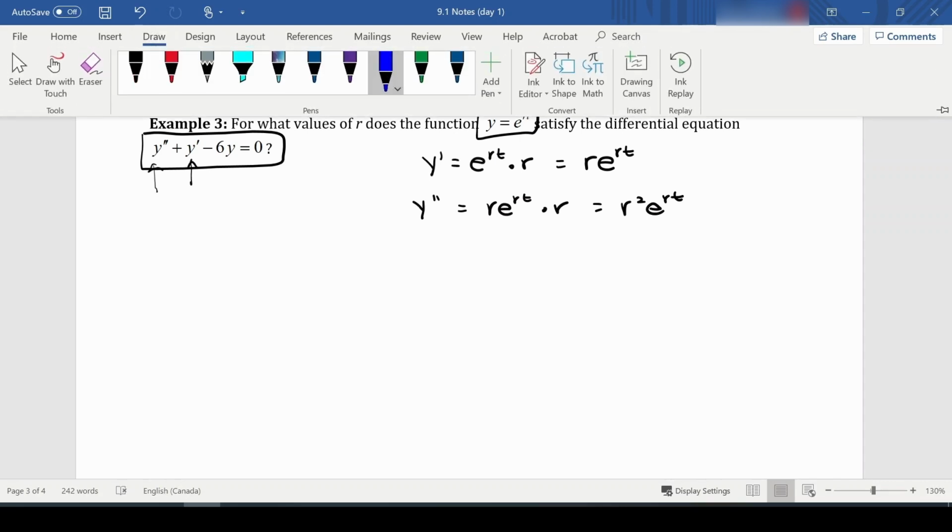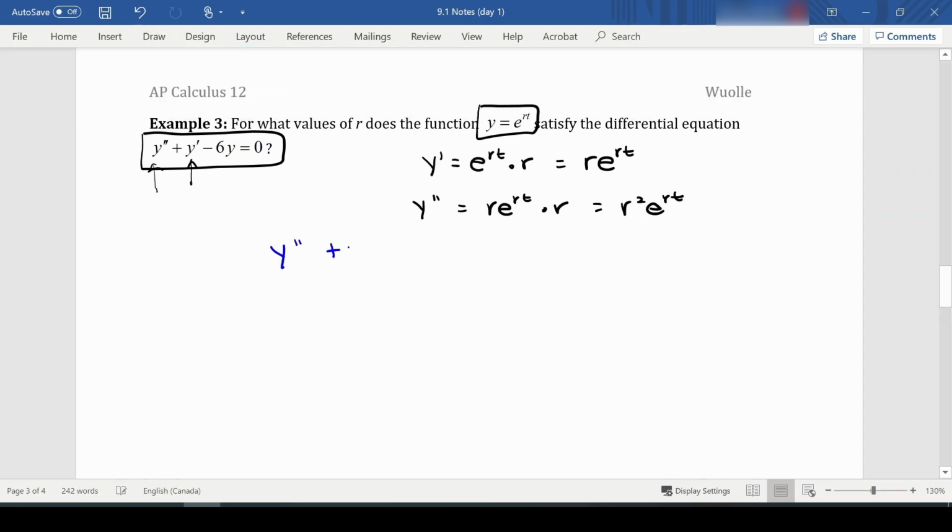We plug that into our differential equation. Our differential equation is y double prime plus y prime minus 6y equals 0. Y double prime was r squared e to the rt, y prime was re to the rt, and y is e to the rt.